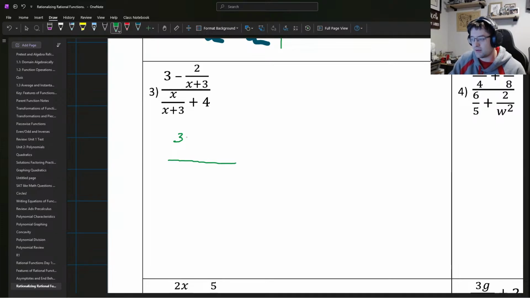We can work one at a time, but we're going to need a common denominator of x plus 3 in order to add these together. So you have to pardon my clicks if you can hear them. But yeah, we can work with this side and we can add that together.